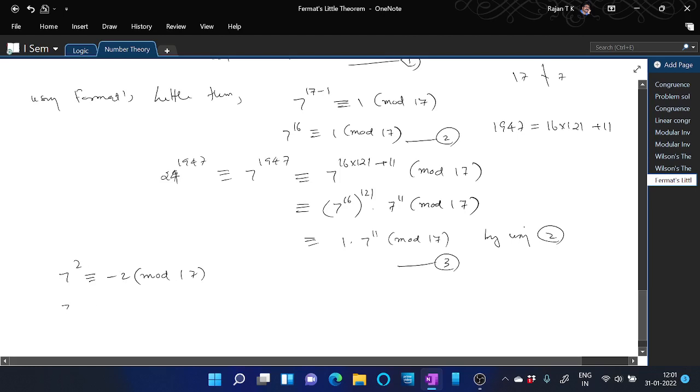Therefore 7 squared raised to 5 is congruent to minus 2 raised to 5 mod 17. That is 7 raised to 10 is congruent to minus 2 raised to 5, which is minus 32, mod 17.